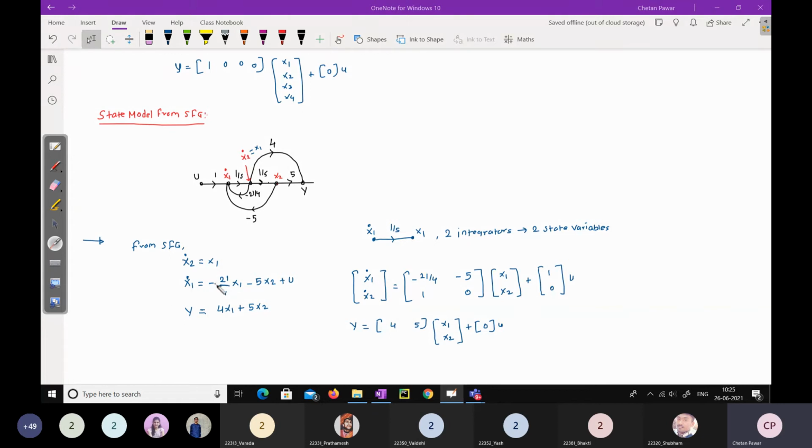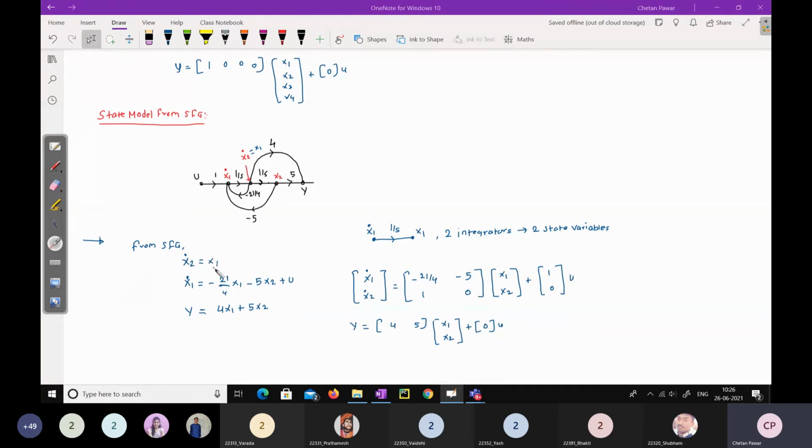Start with x1 bar: minus 21 by 4 into x1, minus 5 into x2. And what is the input? One input term is also there, 1 into u. And x2 bar: only one term is there, 1 into x1.